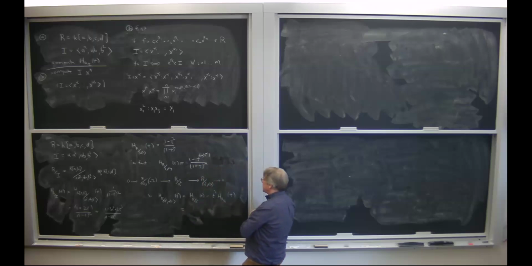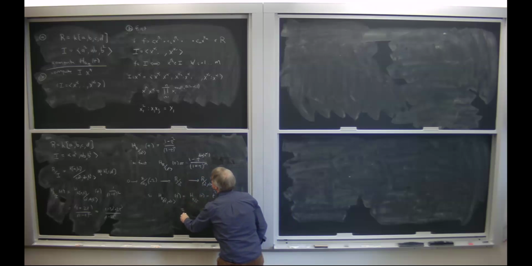What is H of R mod A squared? That's what we had before. That's 1 minus T squared over 1 minus T to the 4th.